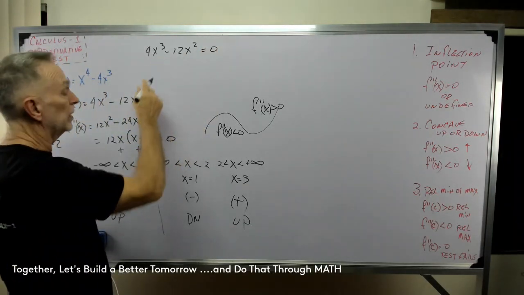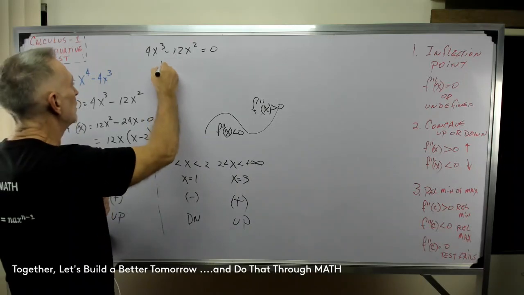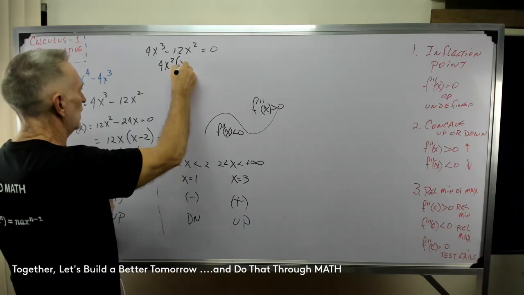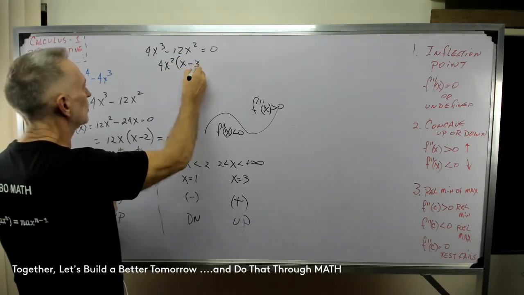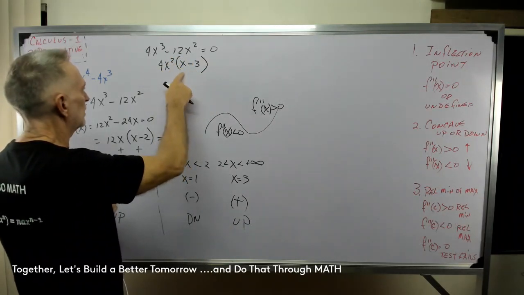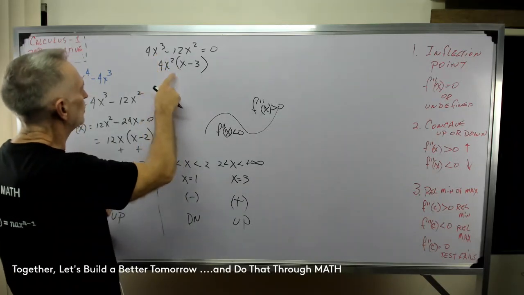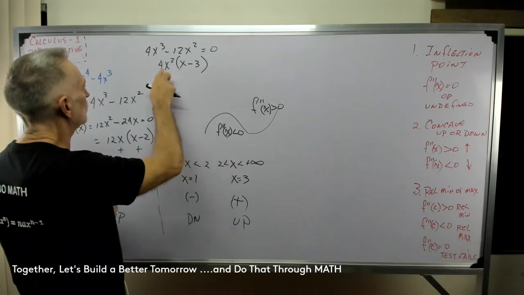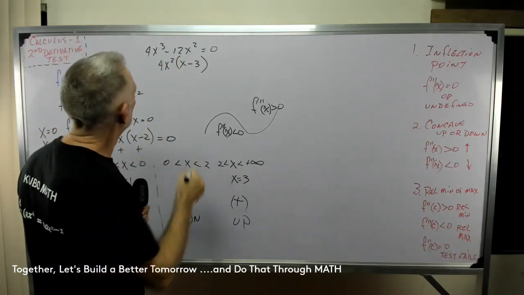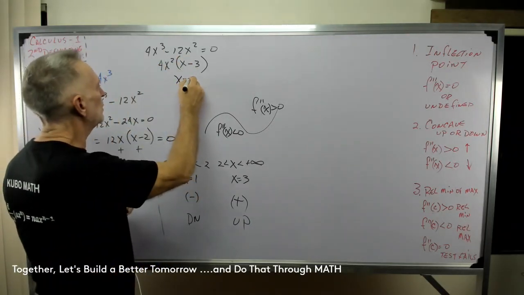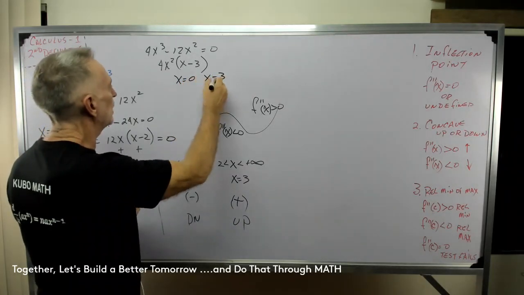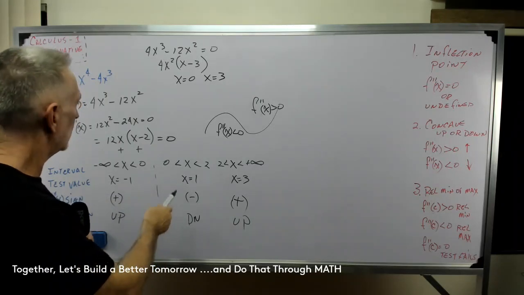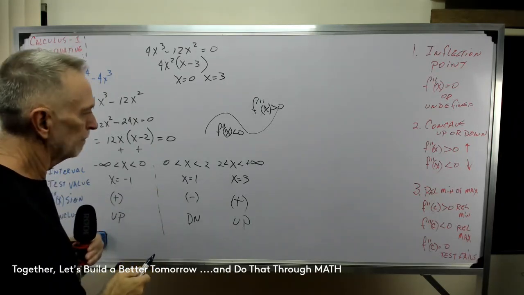Well, when in doubt, factor. 4x squared I can pull out, so that's x minus 3. 4x squared times x gives me 4x cubed. 4x squared times -3 gives me -12x squared. So x equals 0, x equals 3. All right, so we had some of that already.